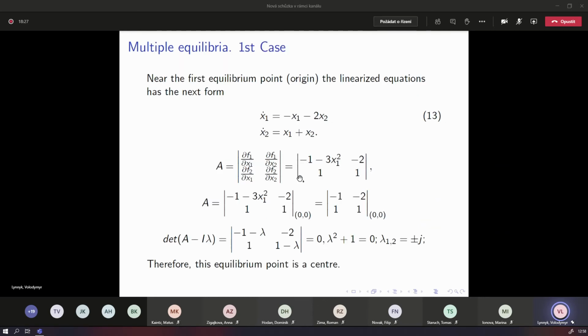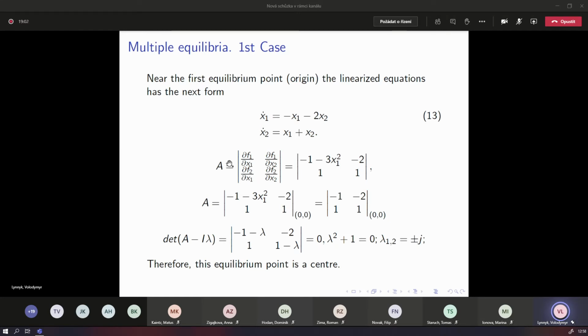If you put this here, you find that it is 0 and it's true. Okay, now we need to analyze the behavior near these equilibrium points. Near the first equilibrium point, the origin 0, 0, the linearized equation has the next form: x1 dot equal to minus x1 minus 2x2 and x2 dot equal to x1 plus x2.